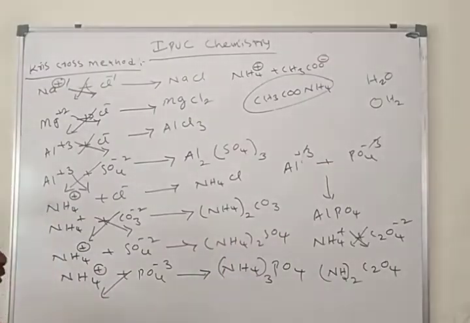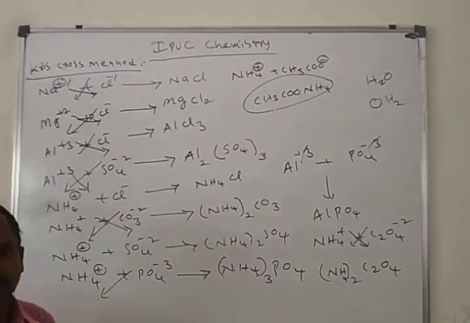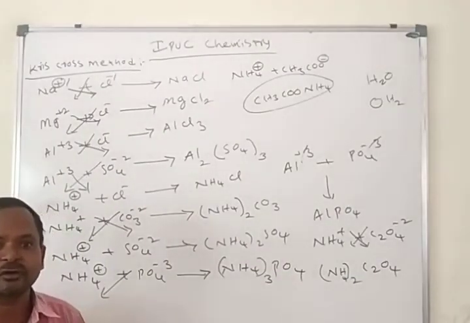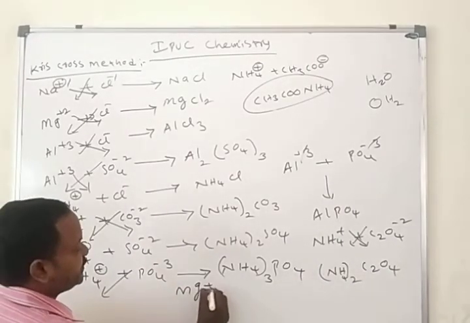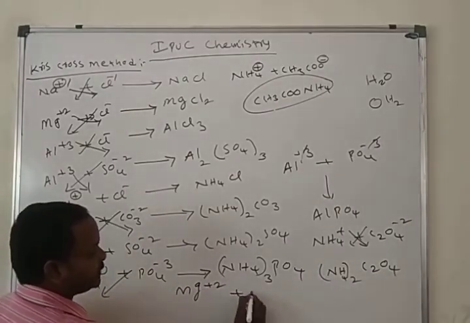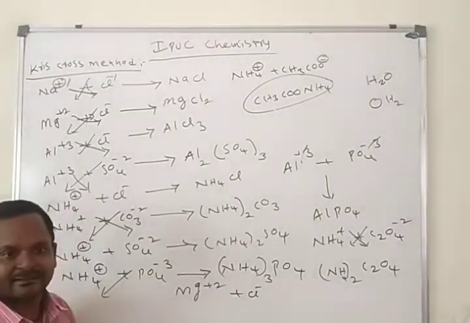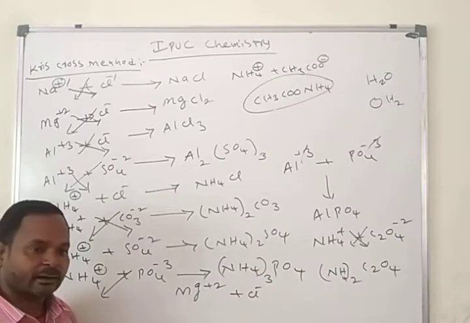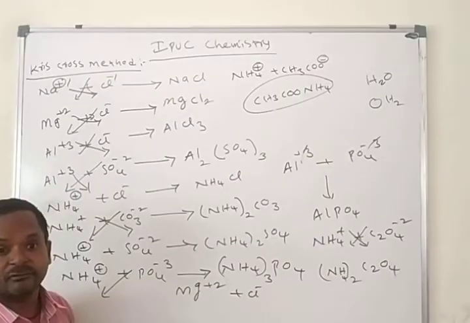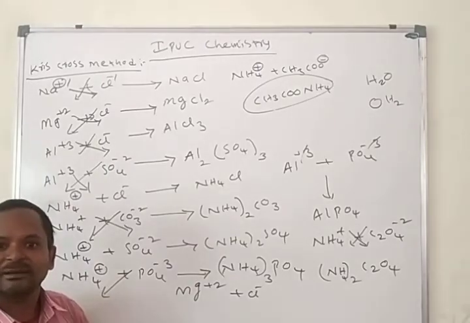For example, write the formula of magnesium chloride. Magnesium chloride means Mg plus 2. Chloride means Cl minus. Just learn by heart all those ions, anions and cations with the charges. Don't write aluminium plus 2, Cl minus 2.